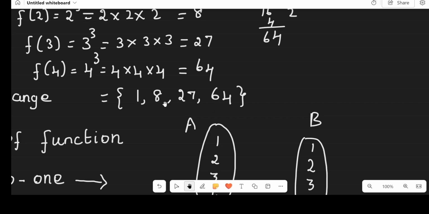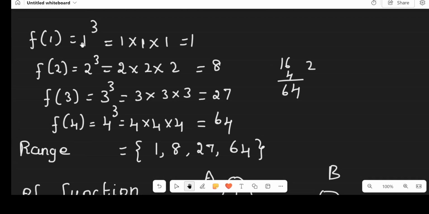The input is 1, the output is 1. The input is 2, the output is 8. The input is 3, the output is 27. The input is 4 and the output is 64. So we have to map like this. Now we can map the elements.